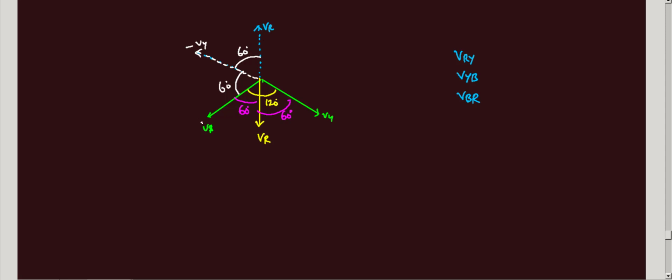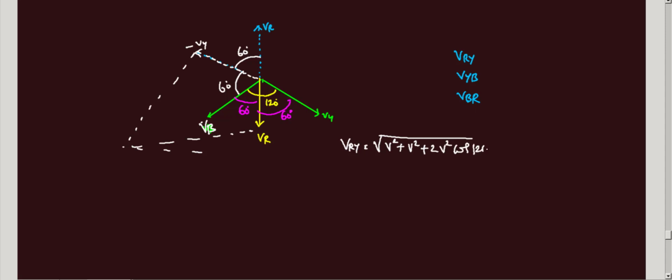VR and VY, and you have VR and VB at 120 degrees. Okay, this will be 60 degrees. So I want VRY, so the resultant parallelogram gives you VRY. So VRY equals root of V square plus V square plus 2V square cos 120. So root of V square plus 2V square cos of 90 plus 30, minus sin 30, minus 1 by 2.